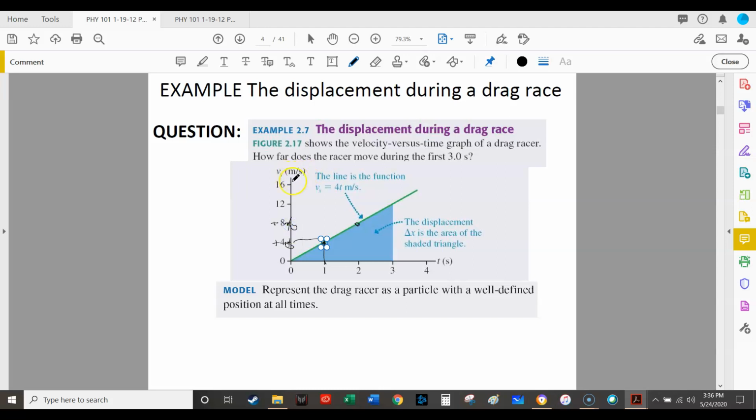And I'm just double checking this. +12 meters per second at the 3 second mark. So it looks like we're only looking at the data from 0 to 3 seconds. Okay, so we're not worried about the 16 second mark or the 4 second mark. Okay. Well, in a velocity versus time graph, we could actually create an equation. Okay.